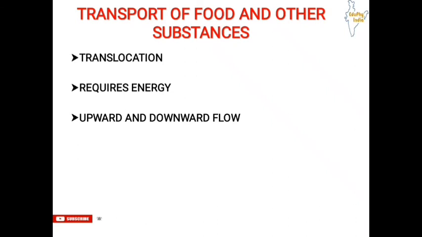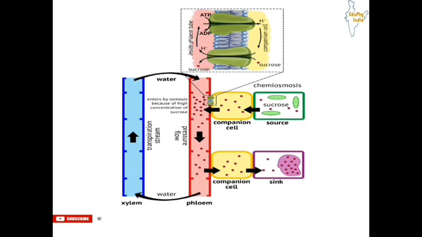But here there is a flow in both directions, that is upward as well as downward. Now we will see how transportation of food and other substances occurs in phloem tissue. Basically this takes place in the sieve tubes with the help of adjacent companion cells in both directions, that is upward as well as downward.